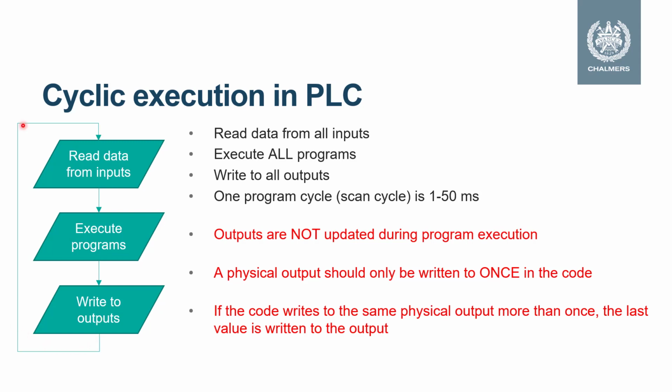Then we write, and the loop goes back to read the input data. We will not read any new input data while we're executing the program. When it's done, we write to the outputs. Now when I'm explaining it, it sounds very slow, but it will be in the range of 1 to 50 milliseconds, depending on the settings in the PLC.